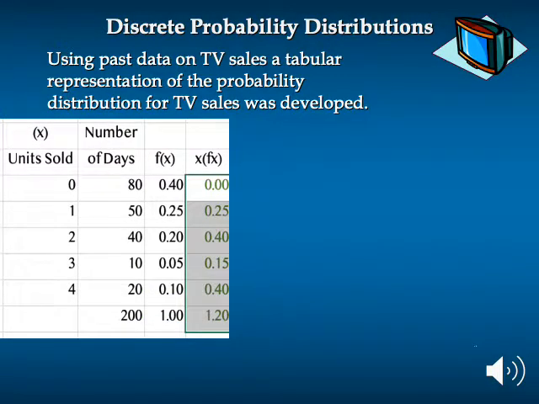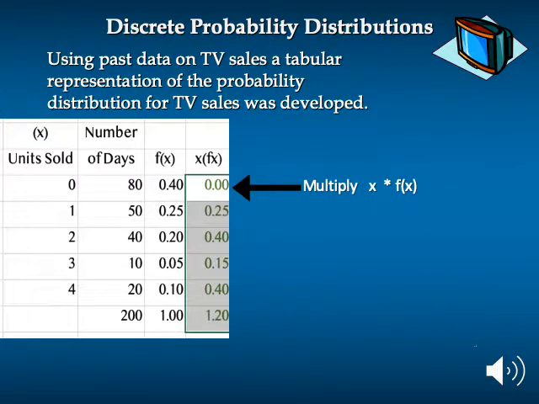Okay, next column, and you can see at the heading, we're asked to multiply x times the function of x. Well, you see that the first column, the units sold, that's x. The function of x is the number that we just developed. So we're going to multiply x times the function of x. In the first case, that's 0 times 0.4. That's going to give us 0.